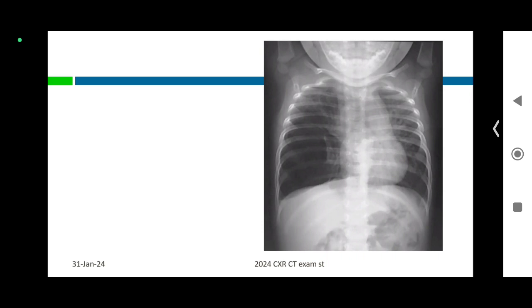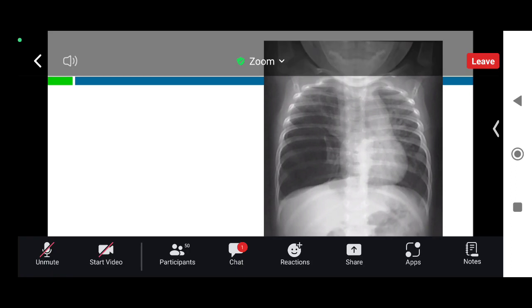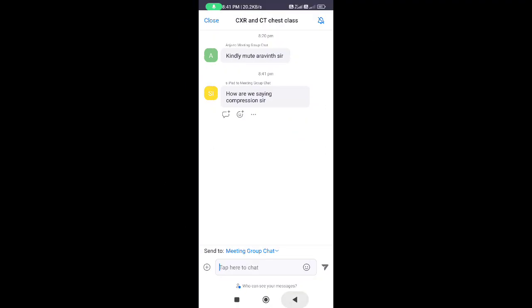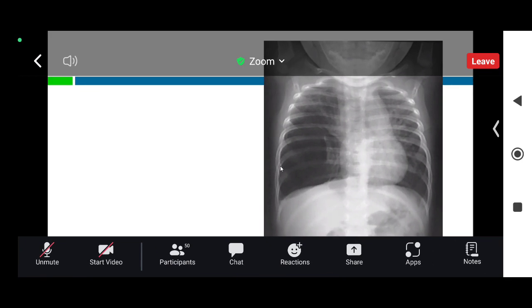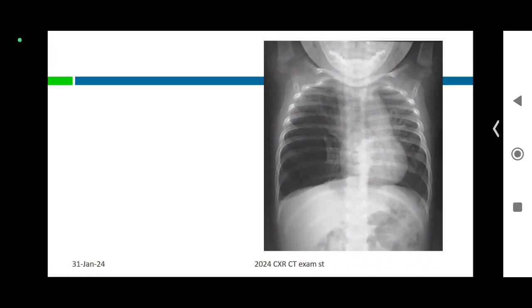Okay, here there is more air in one half of the lung. It is not limited to a lobe. It is in one lower half. You are able to see more air in the lower half. Most of the time in congenital pulmonary airway malformation, CPAM, you will have a picture like this.